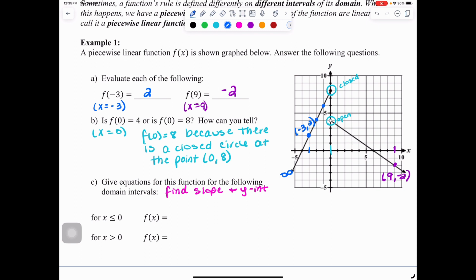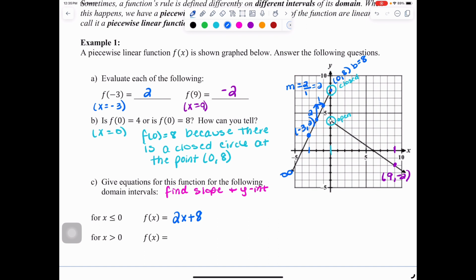I'll pick this one and this one. I'm going up 2, to the right 1. So that means I have a slope of positive 2 over 1, or 2. And up here, where we already talked about the closed circle, I see the coordinate (0, 8), which means my b value is 8. My y-intercept is 8. So now I know the equation is 2x plus 8.